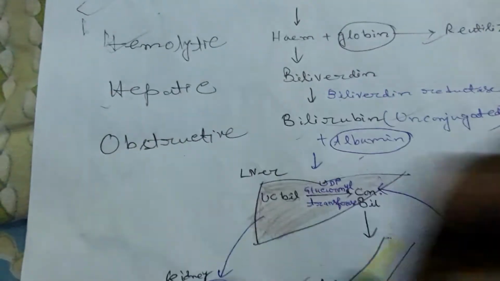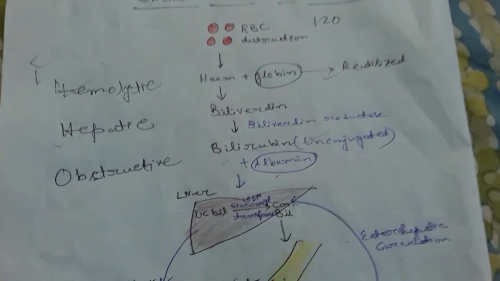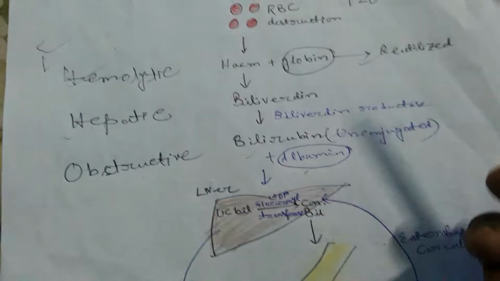Okay. Hemolytic is also known as prehepatic, hepatic is also known as hepatocellular jaundice. Obstructive is post-hepatic. Okay. Now, in case of hemolytic jaundice, there is excess hemolysis.